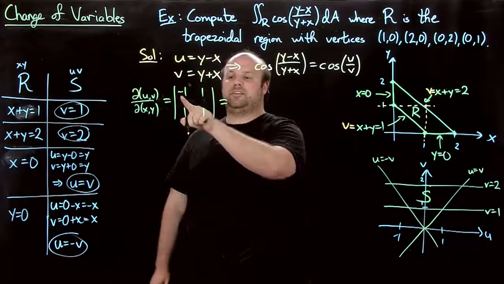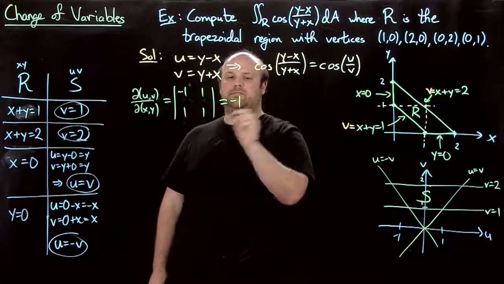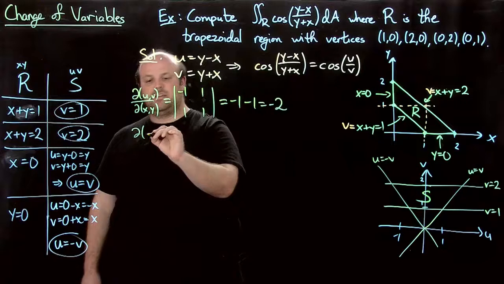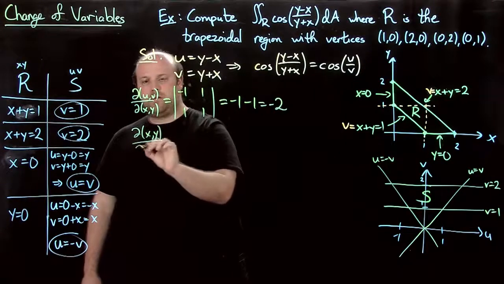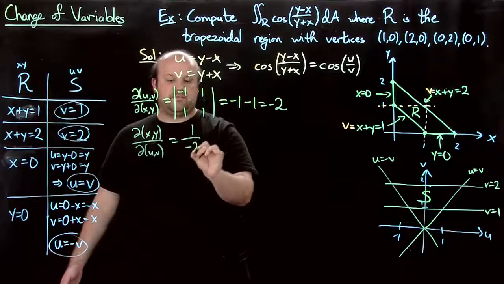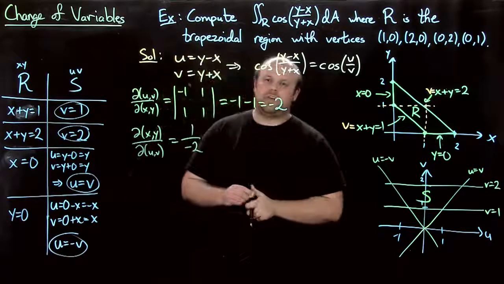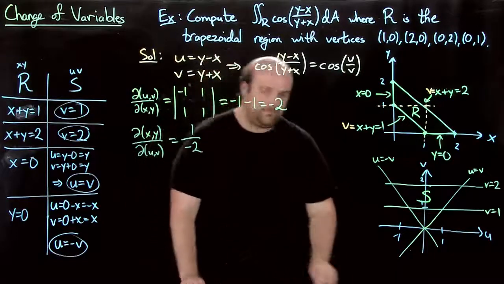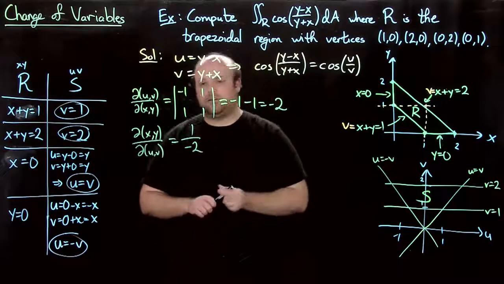Right? So this determinant is negative 1 minus 1, so negative 2. So that means the Jacobian that we want is 1 over negative 2.